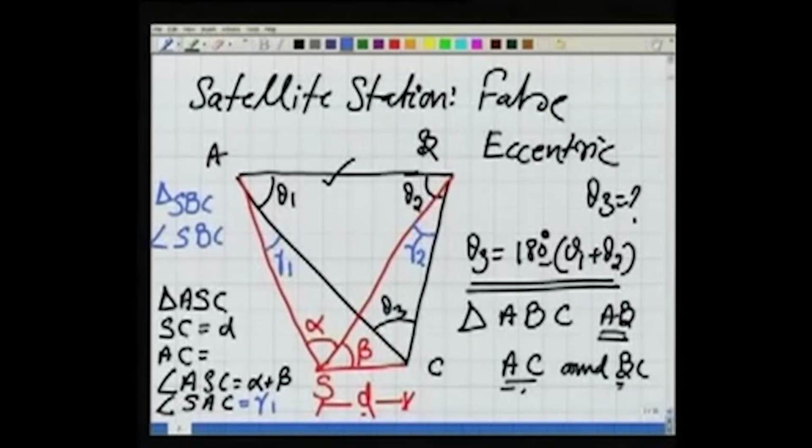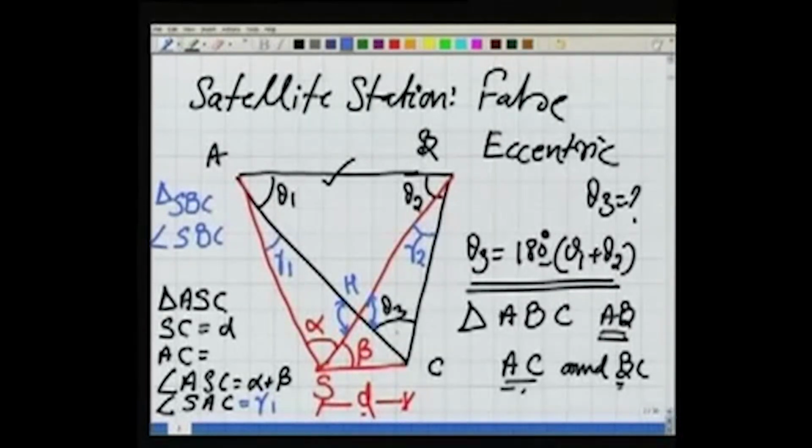Once we have determined this angle, I can now easily find the angle over here, and if this point is H, working in the triangle S, A and H, I can find this angle. So I know the value of the angle here.